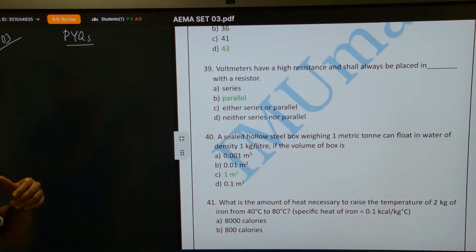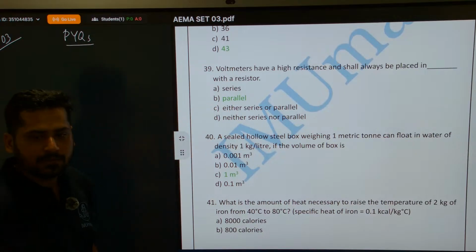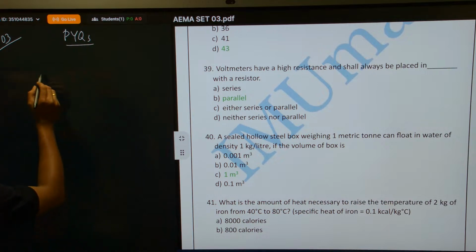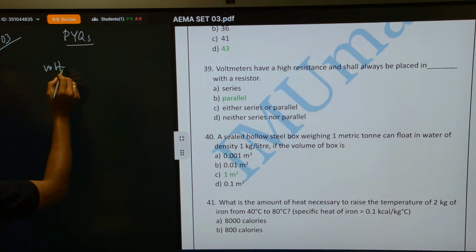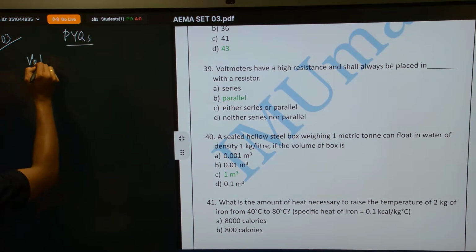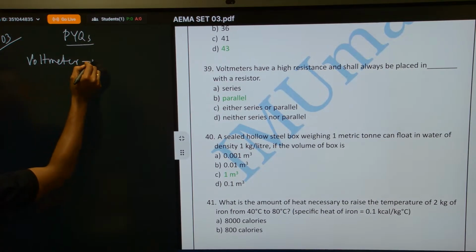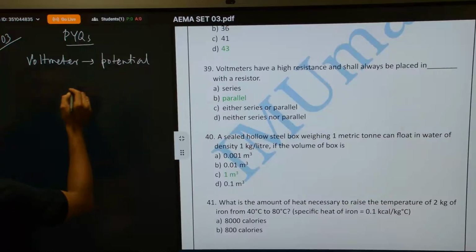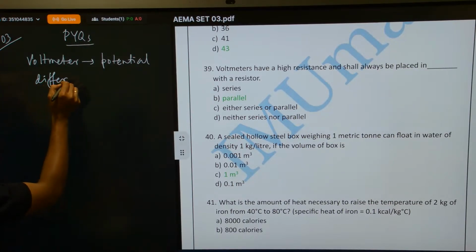Okay, so a voltmeter has a resistance and shall always be placed in dash with a resistor. They have written parallel. We'll get into the details of it. So voltmeter, what does it measure? In proper terms, potential difference.